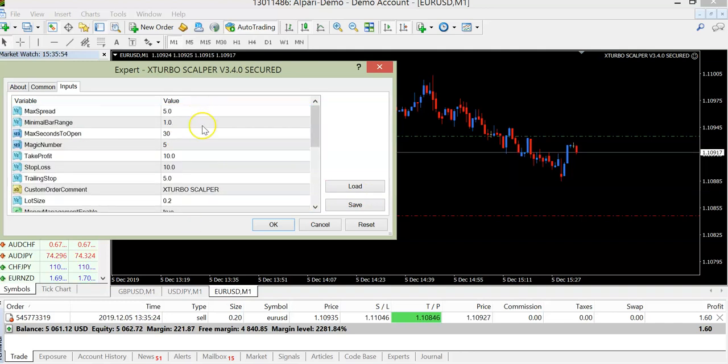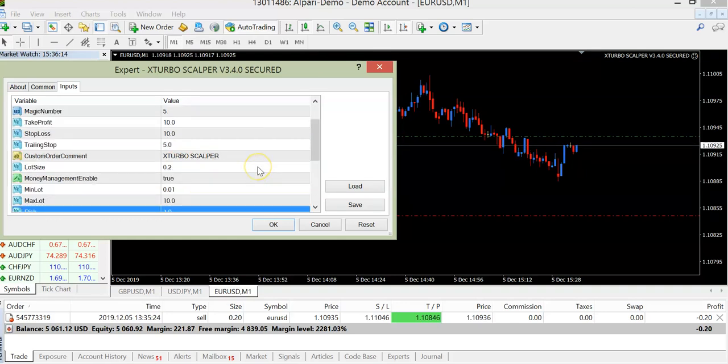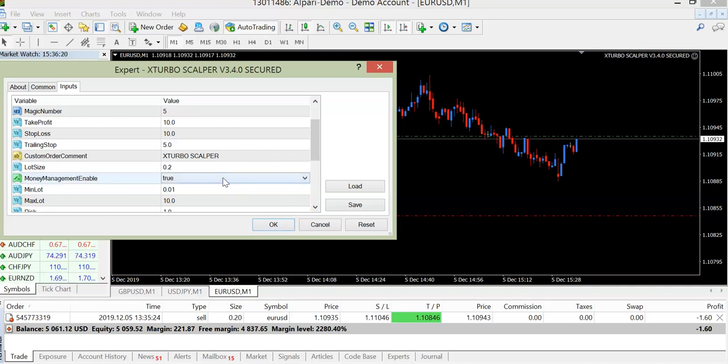You do not touch these three. Only, if you want it even quicker, you can put take profit to 5 and trailing stop to maybe 3. But I think 10 and 10 is optimum. So this is the setting for M1, which you can use.